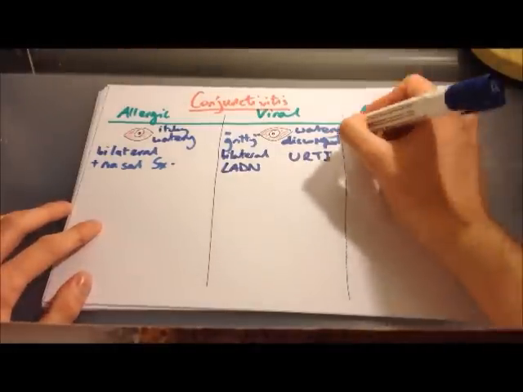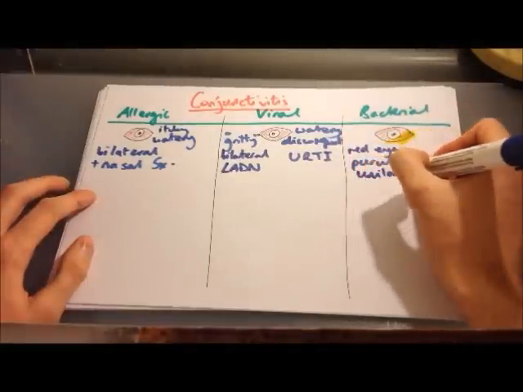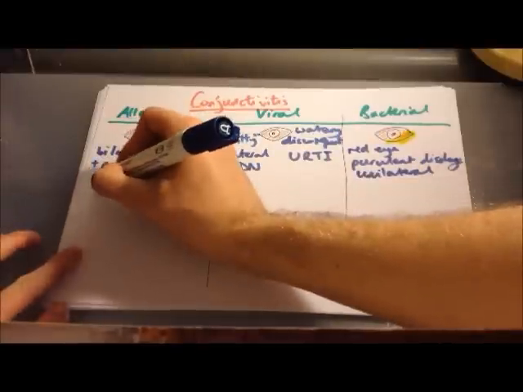And finally, bacterial. Again, the diffuse red eye with a purulent discharge as well, which can stick the eyelids together overnight. This is usually unilateral, though it can spread to become bilateral. And just to add that allergic conjunctivitis is often seasonal and associated with hay fever.